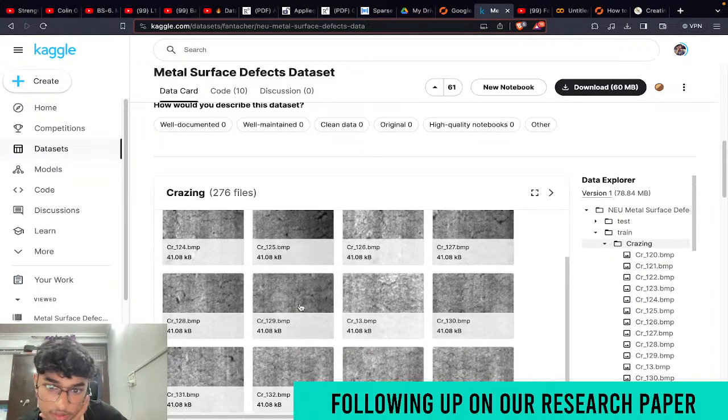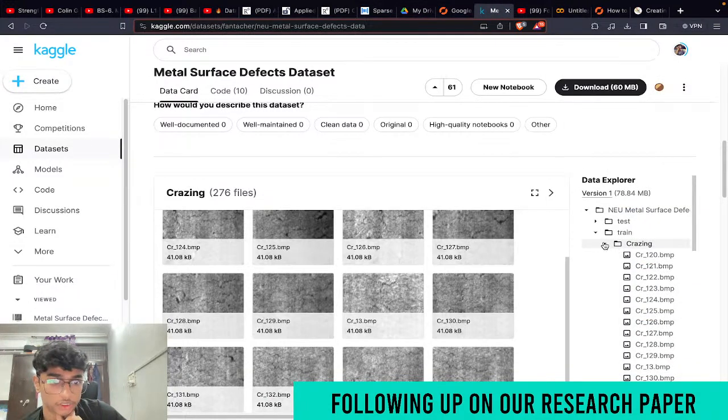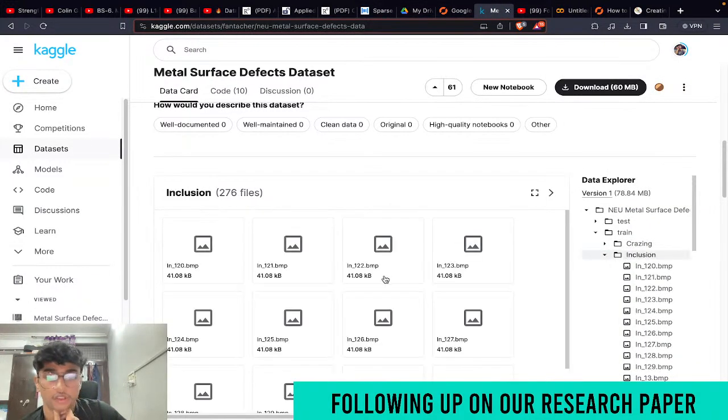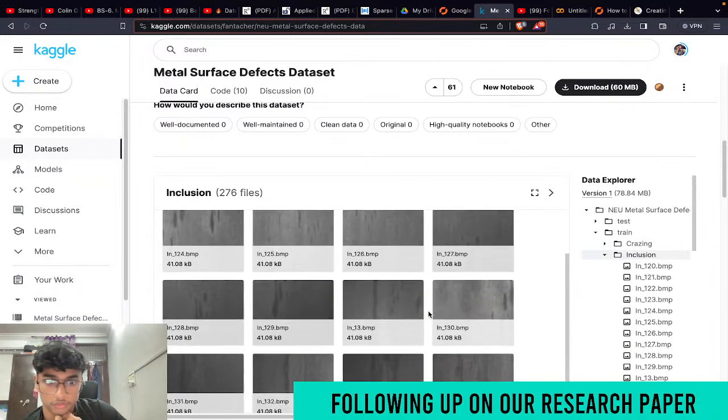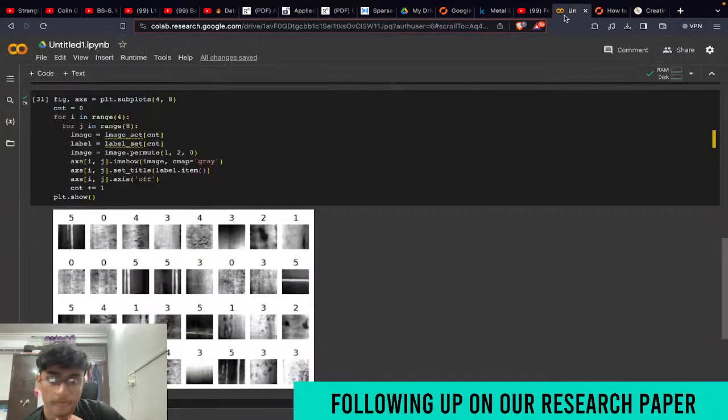Crazing looks like old concrete buildings, old paint. What does zero look like? Yeah, it does look like that a bit. Maybe we should check one, two, just to be sure. Inclusion has this effect. Yeah, this must be right, right?